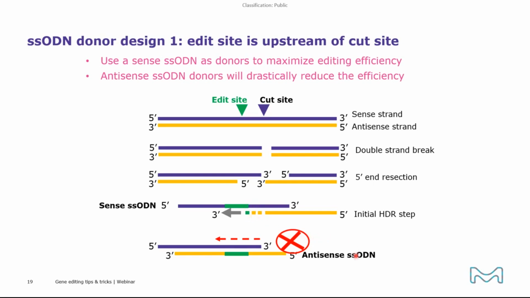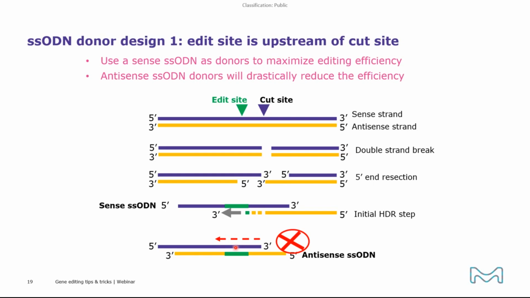And if you use an antisense strand oligo donor, the chromosomal 3' end cannot copy the modification on the template to the chromosomal DNA unless the 3' end is resected to pass over the intended modification site.